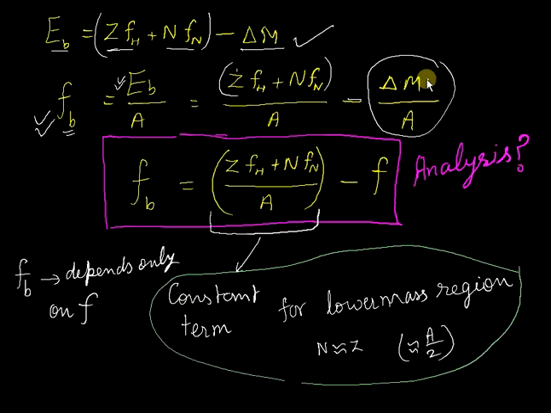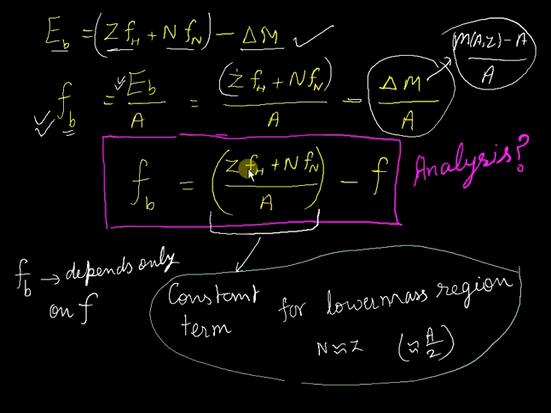This delta M is what? This is MAZ minus A. So this becomes the packing fraction. So this FB, which has the information of mass defect in terms of the binding energy, is equal to this particular factor, which is a constant.